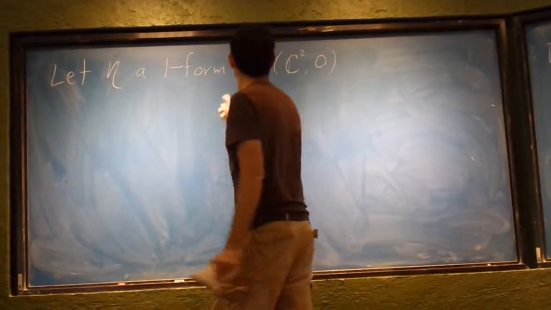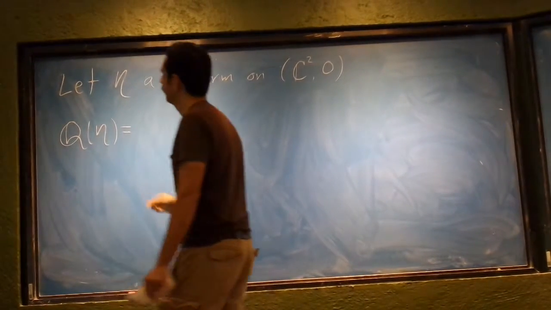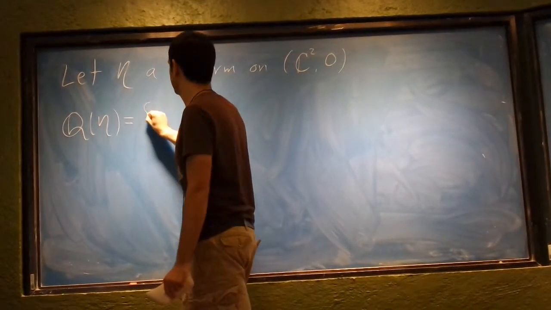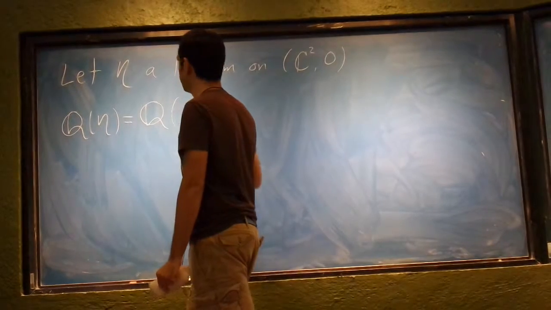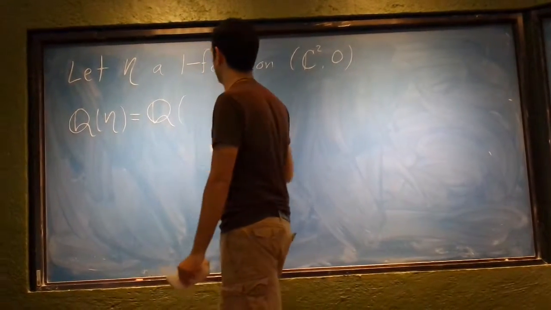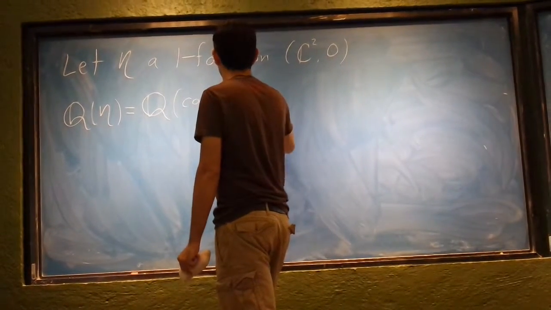So I'm going to write Q adjoin eta to mean the field extension of Q obtained by adjoining the coefficients of eta, I mean the coefficients in the power series expansion.